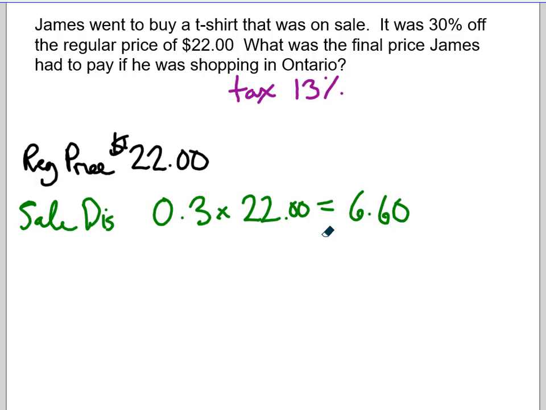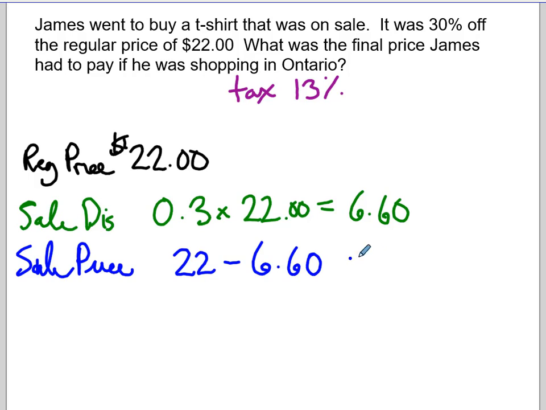That's not the new price though. Our sale price would be 22 minus $6.60, which is $15.40. So that's actually our sale price. Then we need to find the tax.